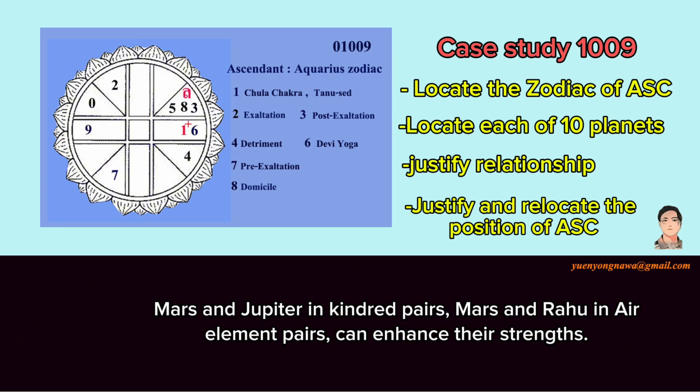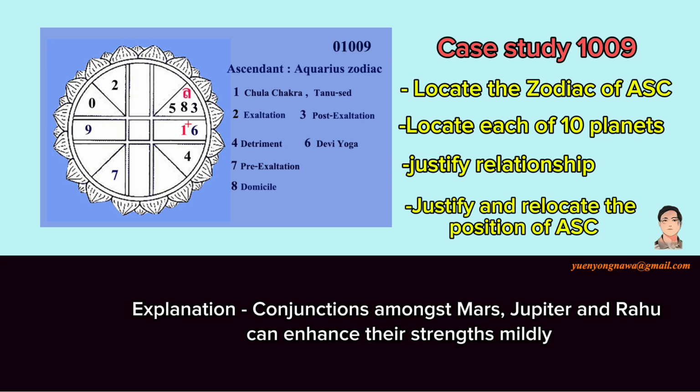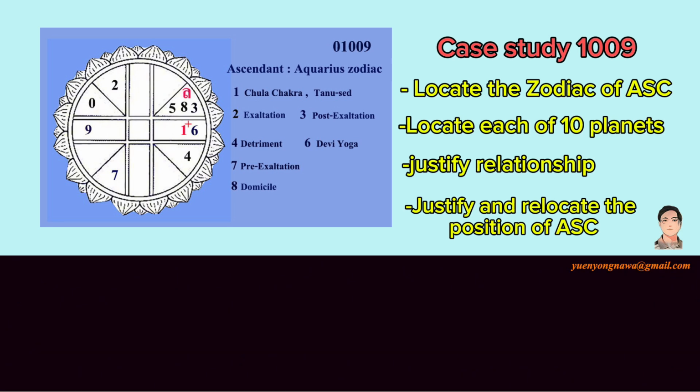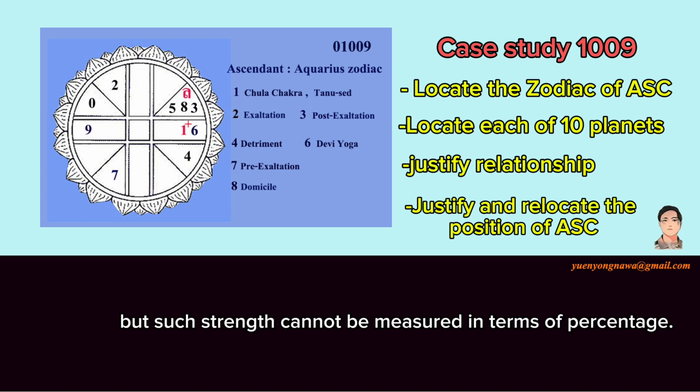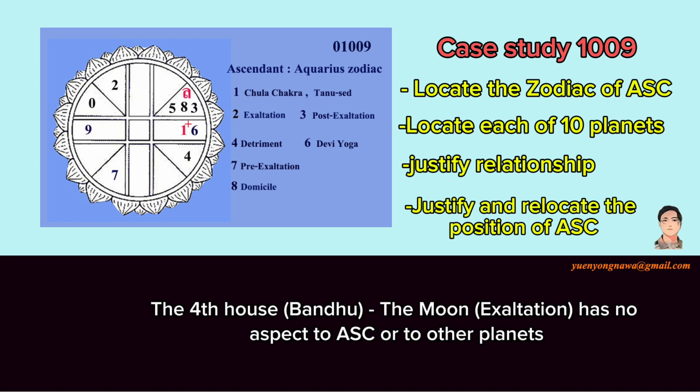Mars and Jupiter in kindred pairs, Mars and Rahu in air element pairs can enhance their strengths. Explanation. Conjunctions amongst Mars, Jupiter, and Rahu can enhance their strengths mildly, but such strength cannot be measured in terms of percentage. The fourth house, Bandhu.